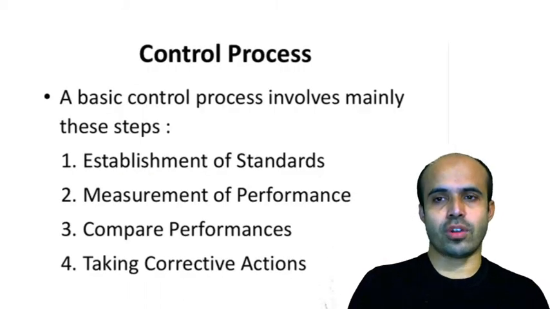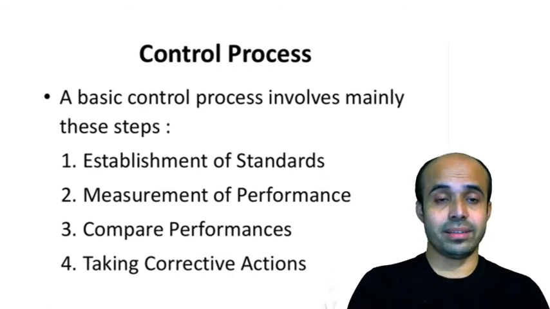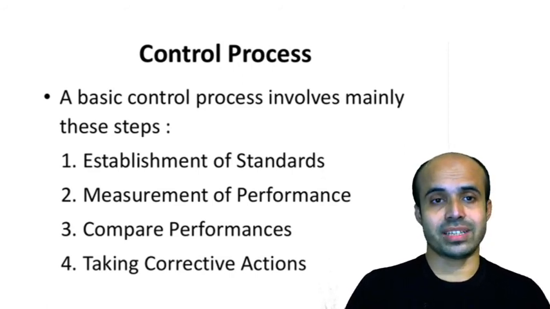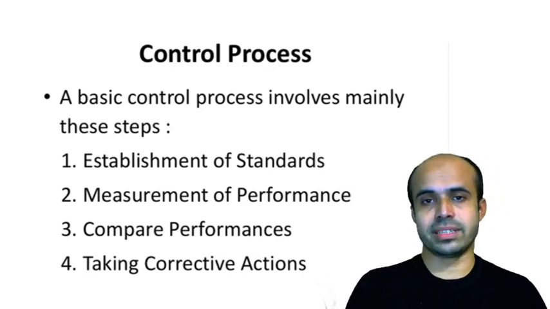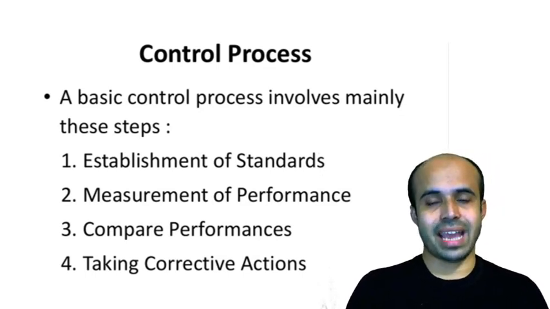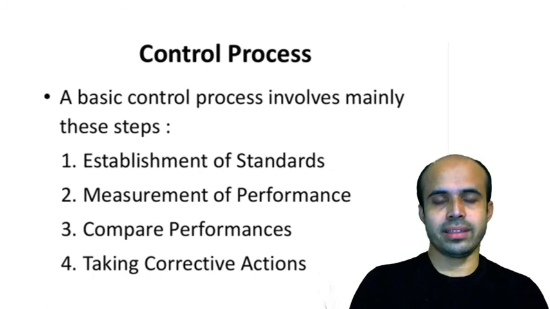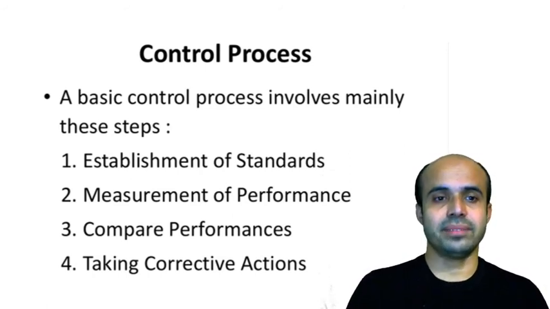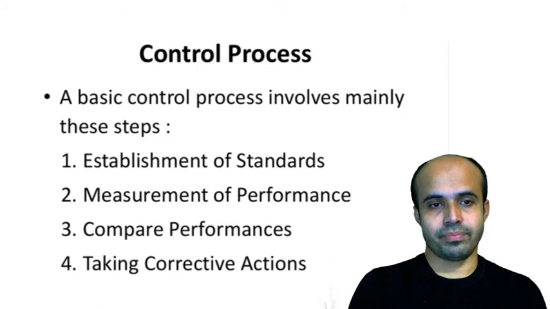There is also the controlling process. What are the steps? We have already discussed them. The first step is establishing standards, which I discussed in the diagram in the earlier slide. Then measuring the performance, what is actually done, how much is done. And then comparing performance with the standard.